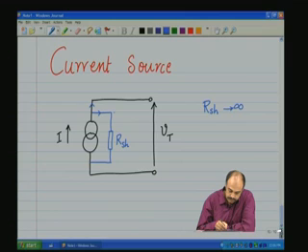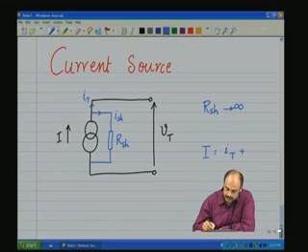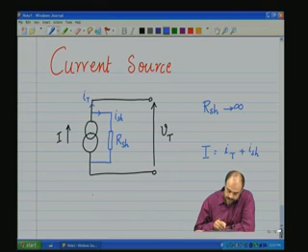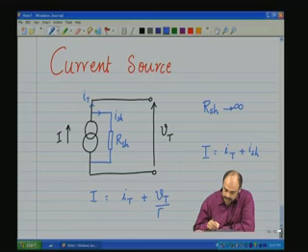So if you say this current is I shunt, which flows through the shunt resistance path, and this current is the terminal current, then I equals the terminal current IT plus I shunt. So therefore, I equals IT plus V terminal by R shunt.